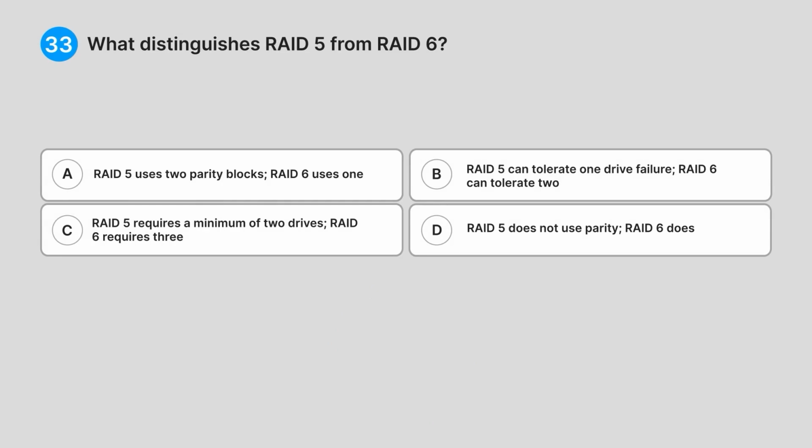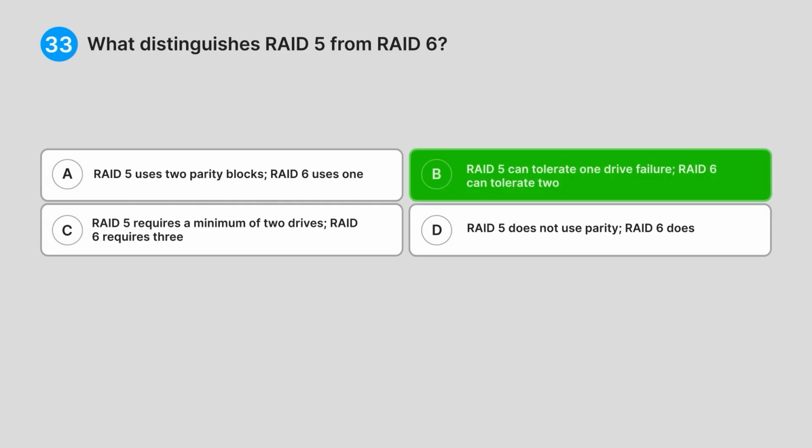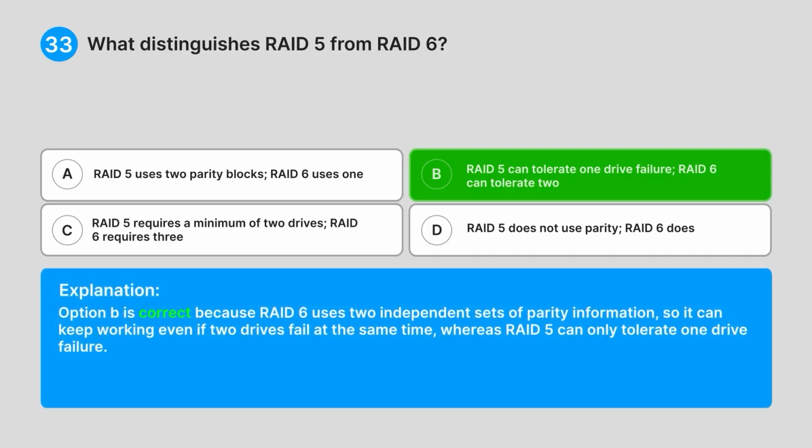Correct answer, B. RAID 5 can tolerate 1 drive failure, RAID 6 can tolerate 2. Explanation. Option B is correct because RAID 6 uses 2 independent sets of parity information, so it can keep working even if 2 drives fail at the same time, whereas RAID 5 can only tolerate 1 drive failure.